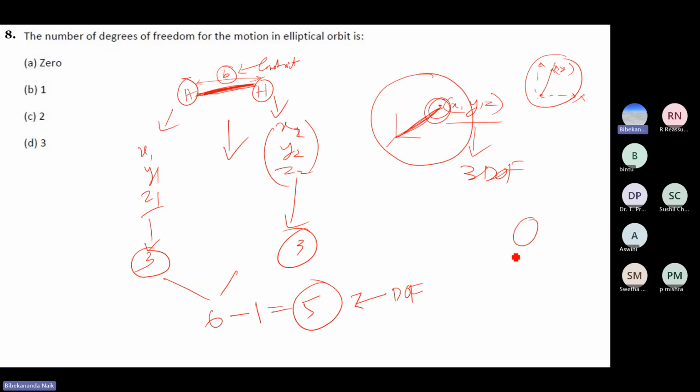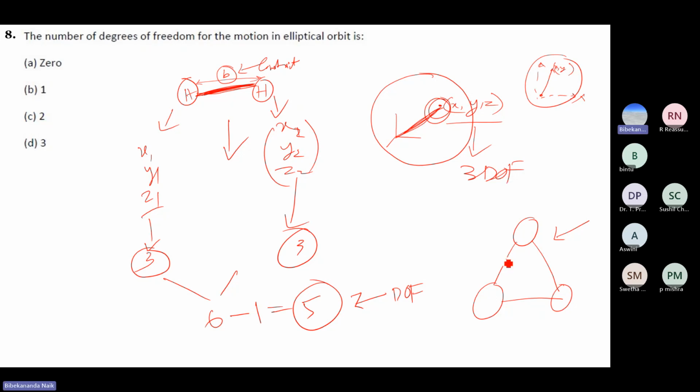Similarly, can anyone tell me, suppose there are 3 balls and they are connected like this. What will be the degrees of freedom of this system? This is moving in space. No, not 9, I just explained. Sir, it's 6 because there are 3 particles, right?